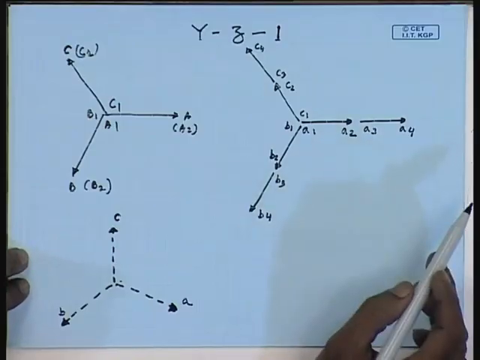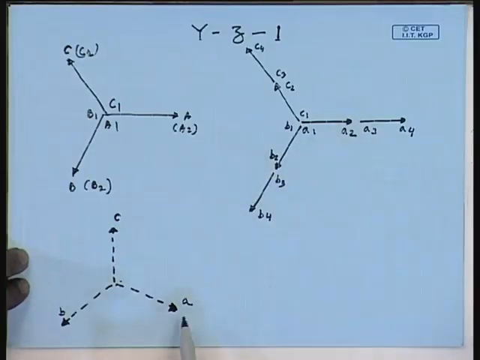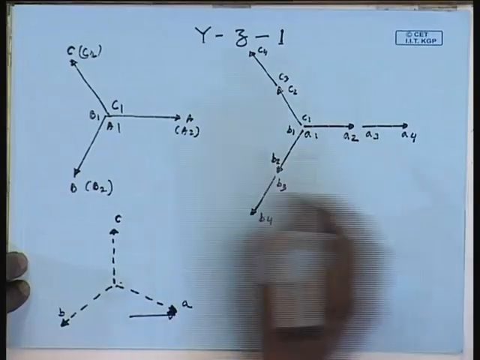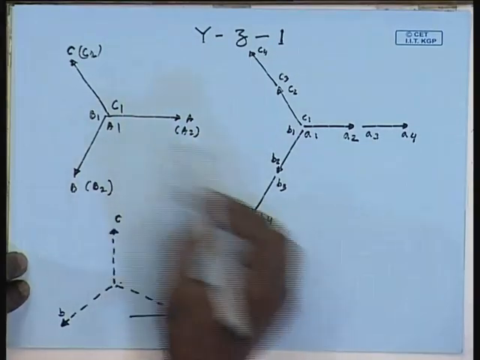So, we want to make this phase, let us say using A3 A4, this is the phasor A3 A4 which is in phase with capital A1 A2.